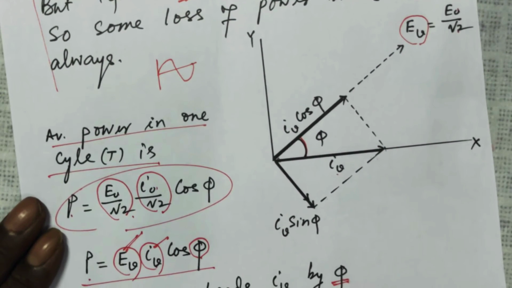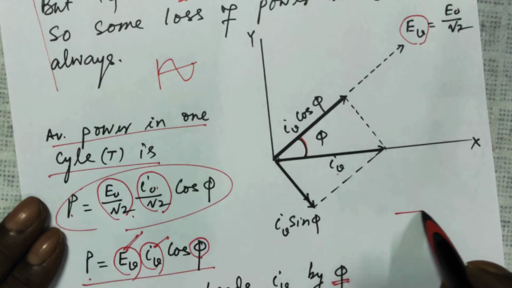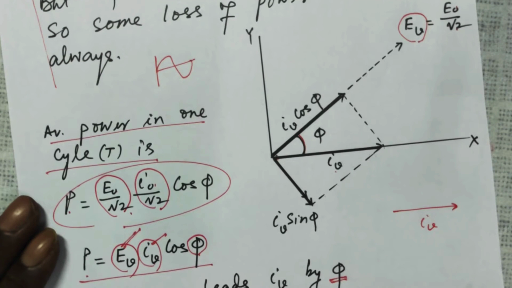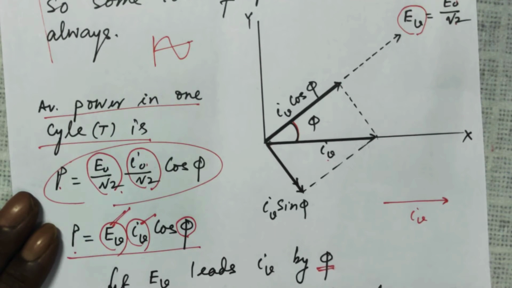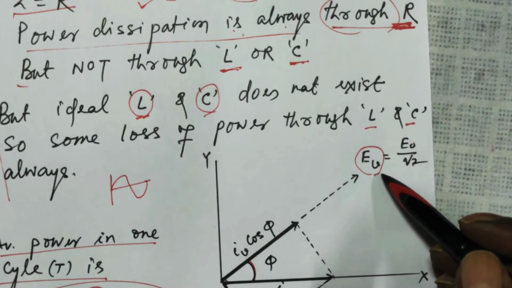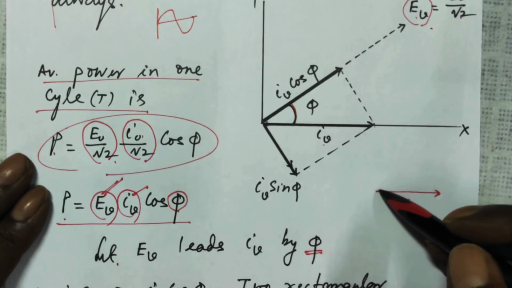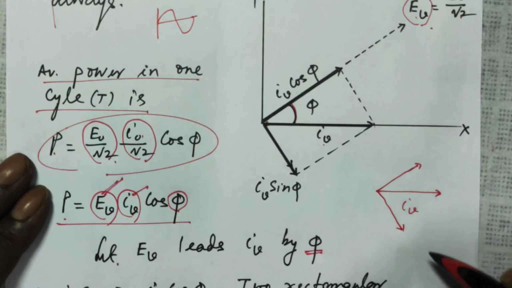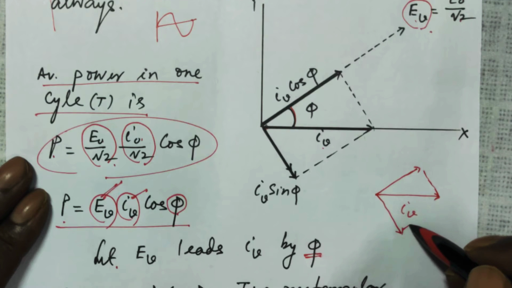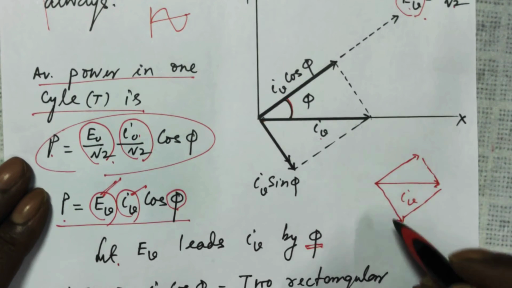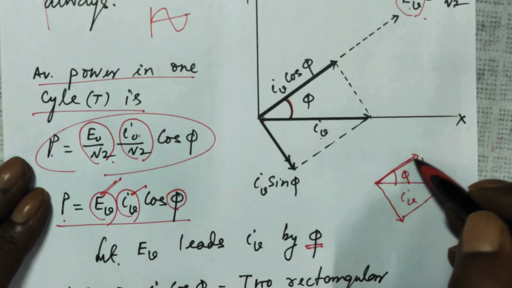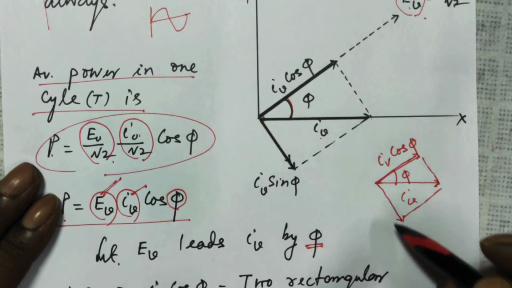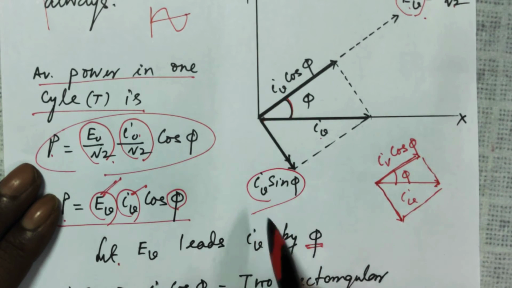Now what do I do? Taking this IV as a resultant, I split this vector into two rectangular components such that one component is along EV, and the other component is perpendicular. Since this angle is phi, this will be your IV cos phi, and this will be your IV sin phi.